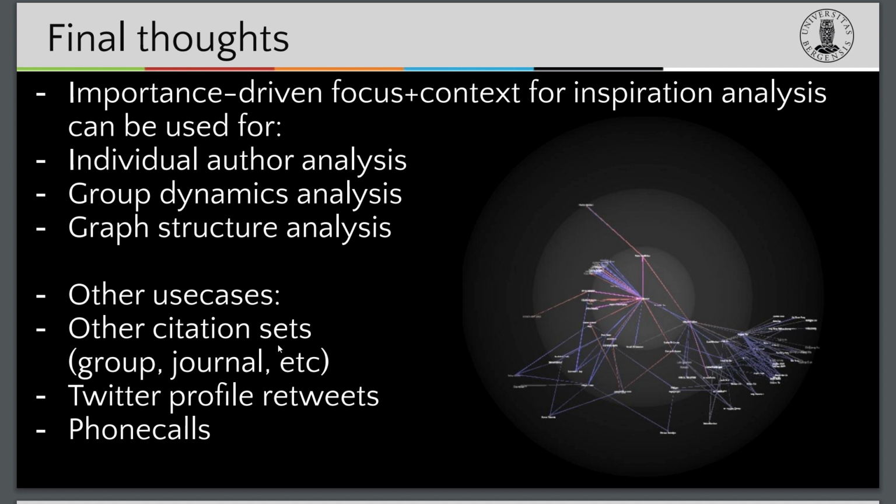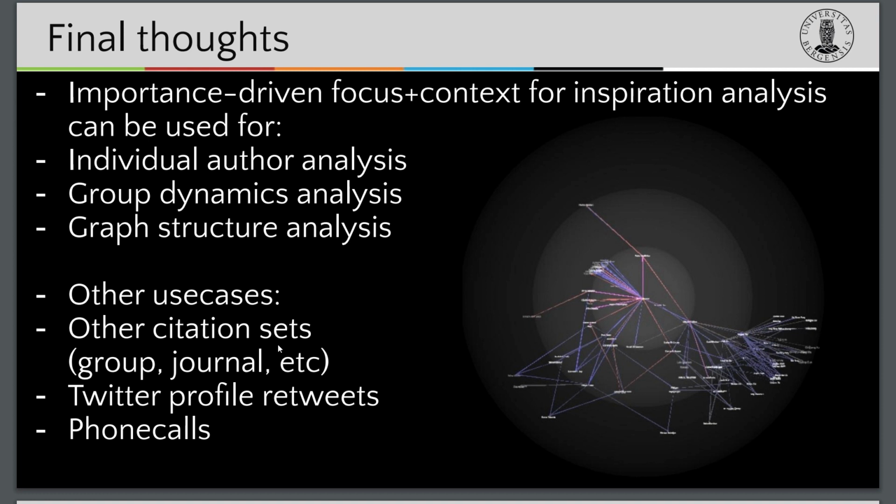So importance-driven focus plus context for inspiration analysis can be used for individual author analysis, group dynamics analysis, and also graph structure analysis. And there's some other use cases. It's not only author-to-author citation sets.